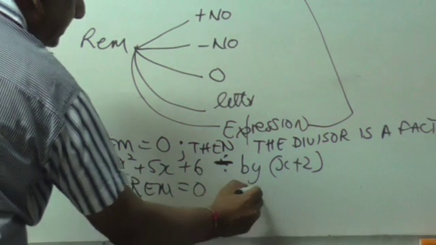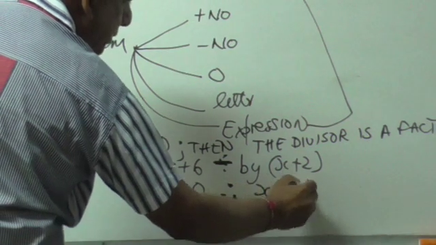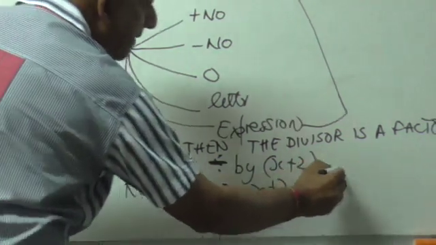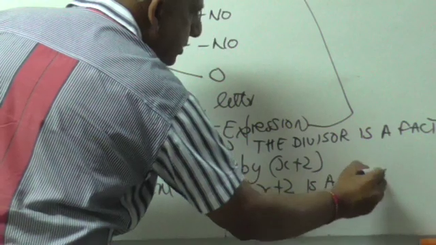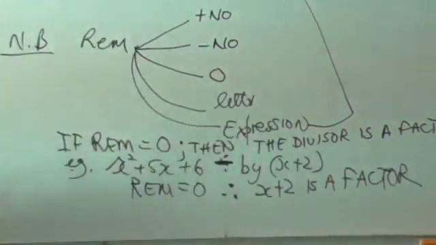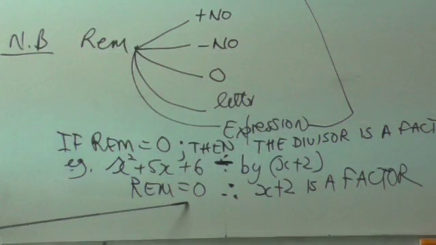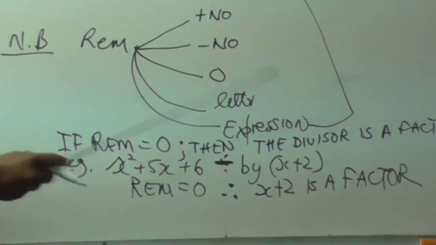Therefore, x plus 2 is a factor. So remember one thing. If the remainder is 0, then whatever is in the bracket is a factor.